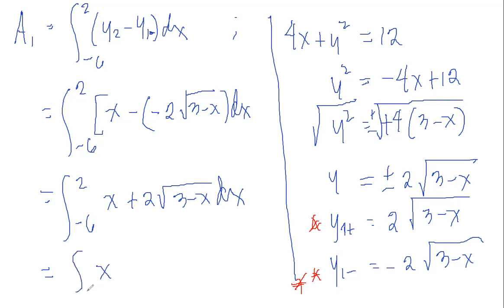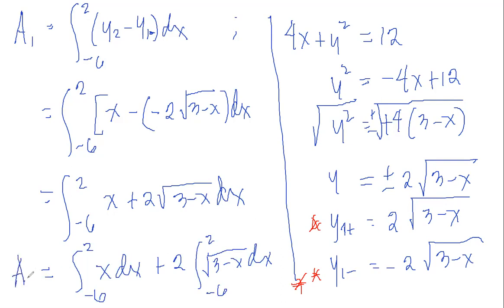So we have the integral of x dx from negative 6 to 2 plus 2 times the integral of the square root of 3 minus x dx from negative 6 to 2. So this is area 1. Area 1 is divided into 2 terms. So let's continue solving area 1.